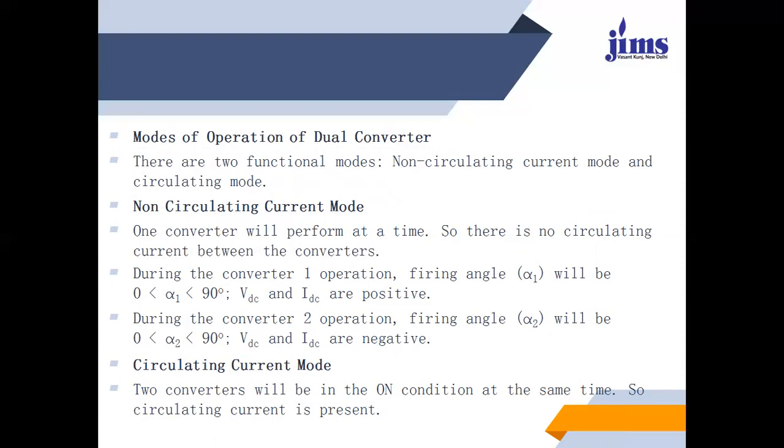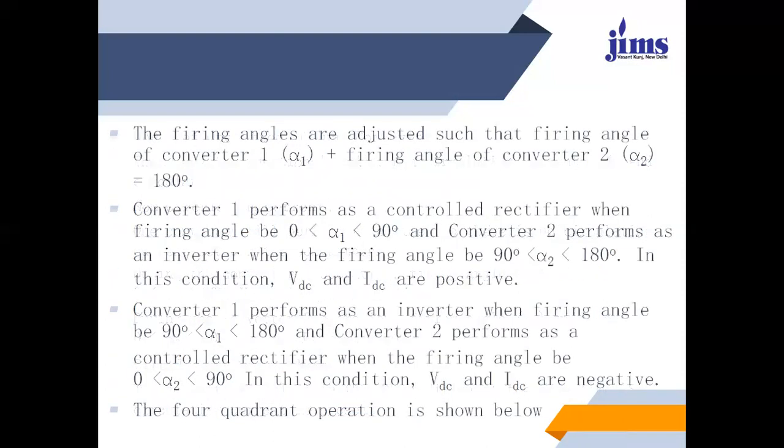Next is the circulating current mode. Two converters are in the on condition at the same time, so circulating current is present within the circuit. The firing angles are adjusted such that the firing angle of converter 1, alpha 1, plus the firing angle of converter 2, alpha 2, must equal 180 degrees.